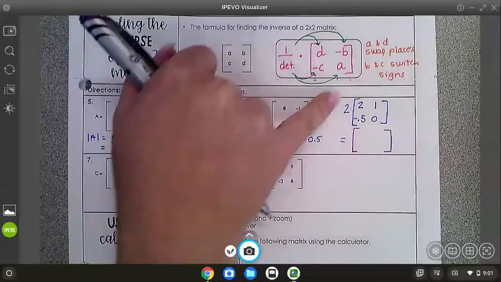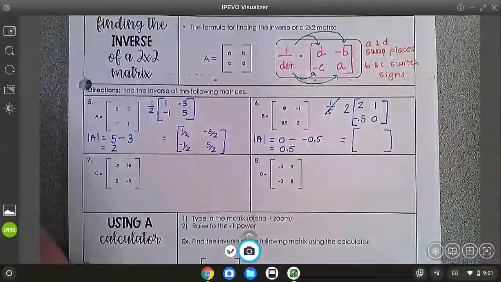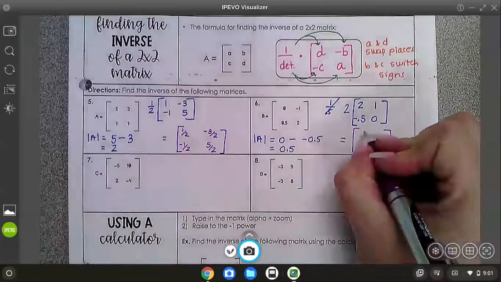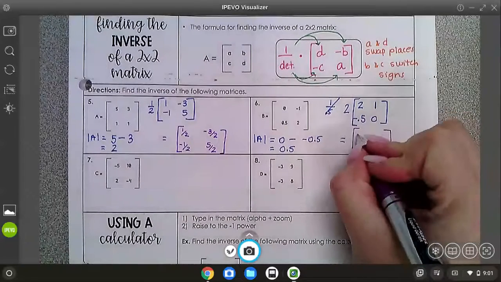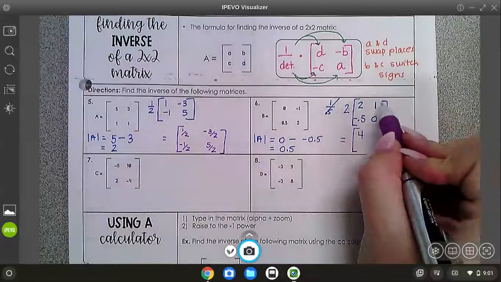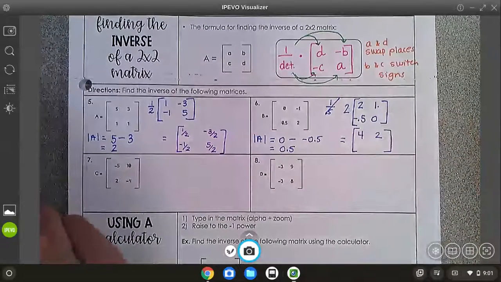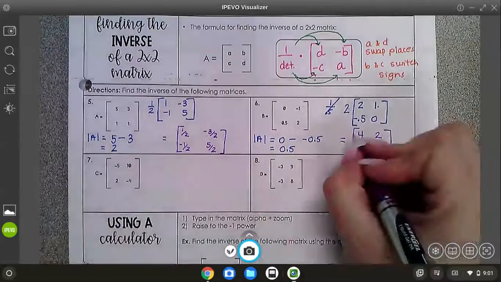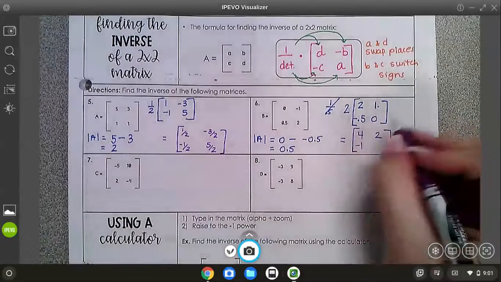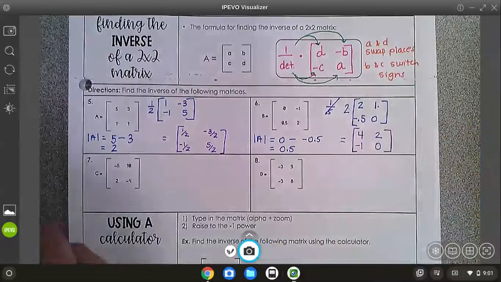And we just need to multiply everything in there by 2. So 2 times 2 is 4. 2 times 1 is 2. 2 times -0.5 is -1. And 2 times 0 is 0.